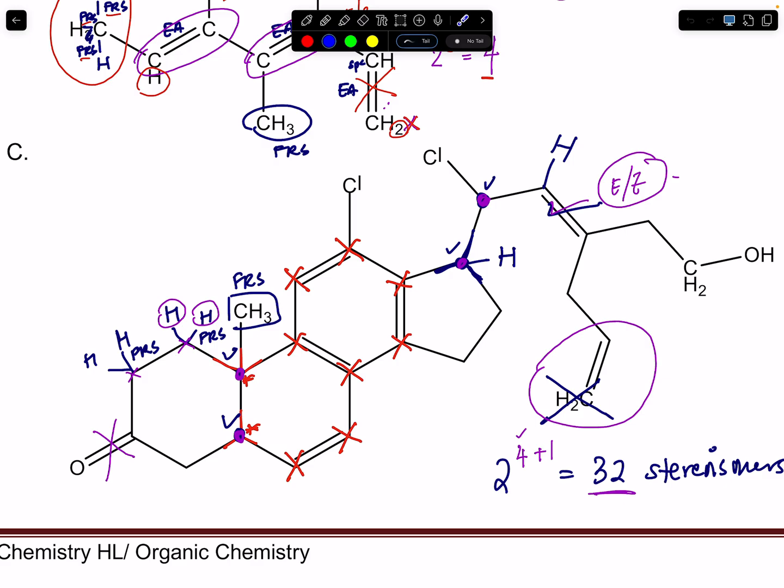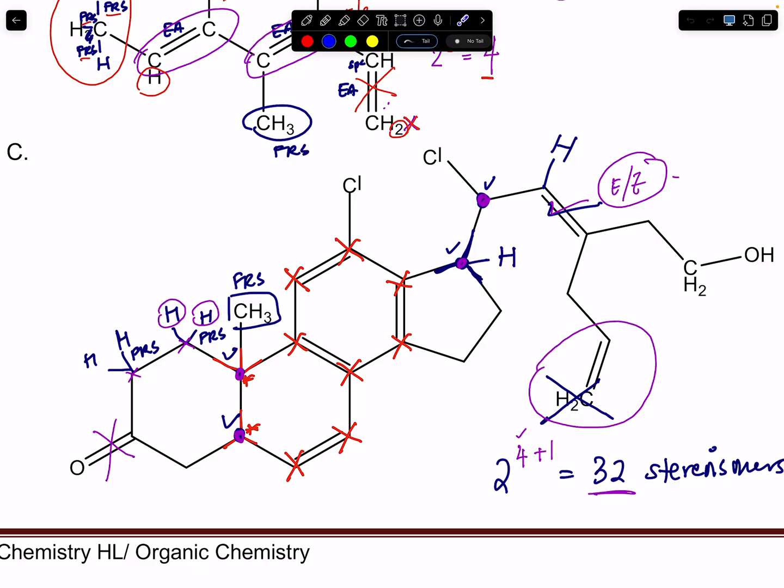And then how many EZ isomers? So this one here is EZ, not cis-trans. You all know why, right? Because across the carbon-carbon double bond there is no same group. And this one here, does it have cis-trans isomers? No, because that's the same group attached to the doubly bonded carbon atom.